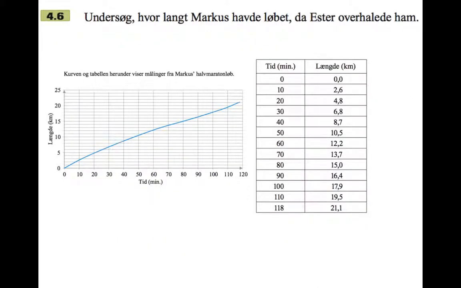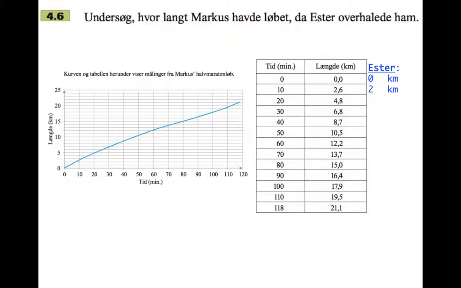And then 4.6, investigate how far Marcus had run by the time Esther overtook him. A couple of ways you can approach this. You can look at the table with the times and think about how long Esther has run after those times. So because she's going at this constant rate, then you know that at 0 minutes she's done 0 kilometers.